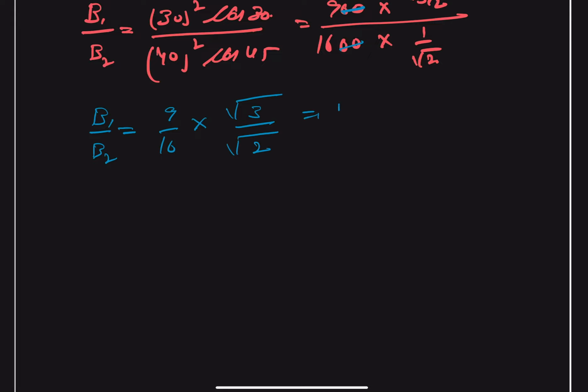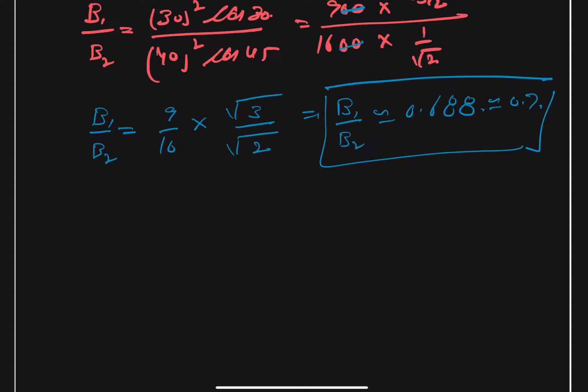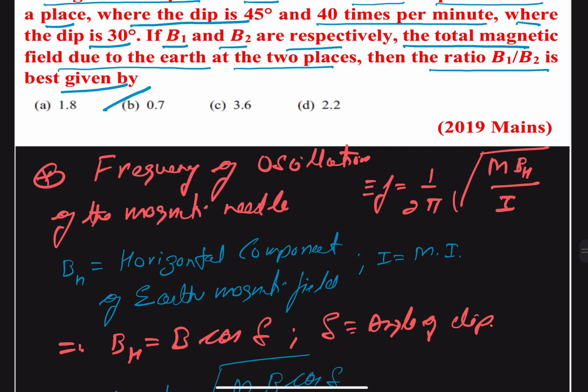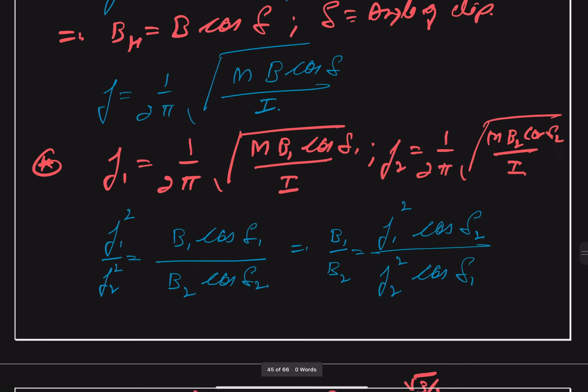So this gives us B1 upon B2 is approximately 0.688, or we can approximate it to 0.7. So the option that is correct one is option number B. Option B is correct.